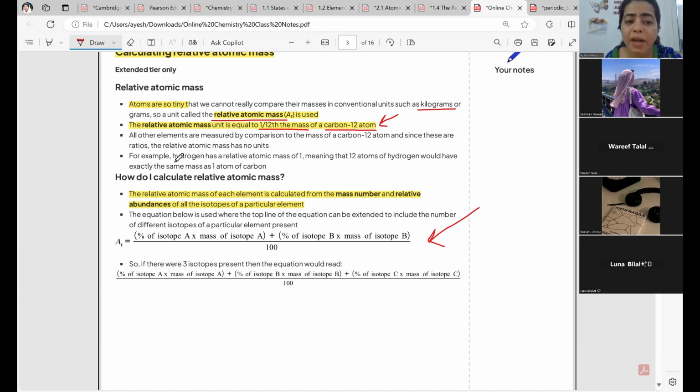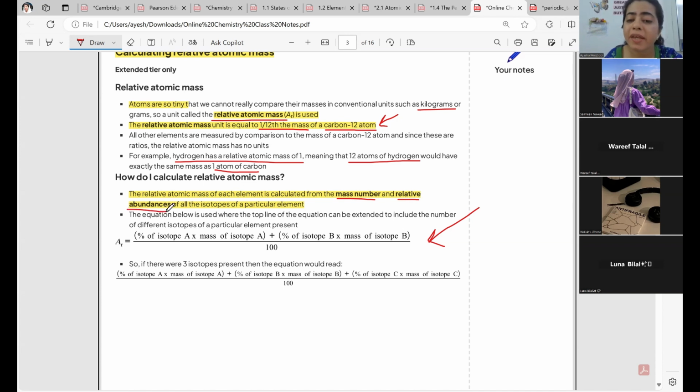For example, hydrogen has a relative atomic mass of 1, which means 12 atoms of hydrogen would have the same mass as 1 atom of carbon, because carbon has mass 12 and hydrogen has mass 1. So 12 hydrogens are equal to 1 carbon. The relative atomic mass of each element is calculated using its mass number and its percentage.